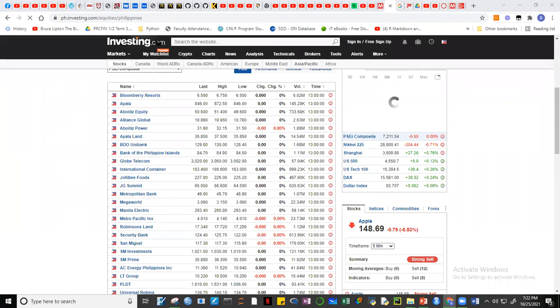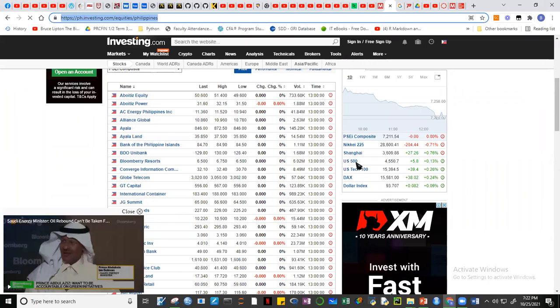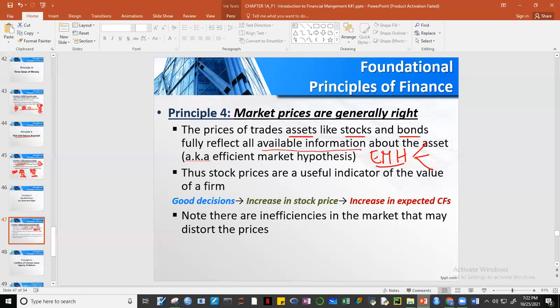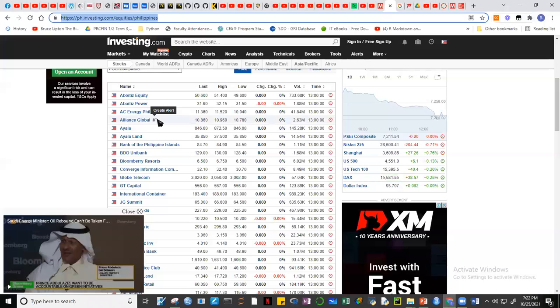Okay, so take a look at this, guys. Investing.com. These are the prices of the stocks that comprise the PSE composite. Before I forget, I'll put this here so that you have the reference for this. Now, what are we saying here?